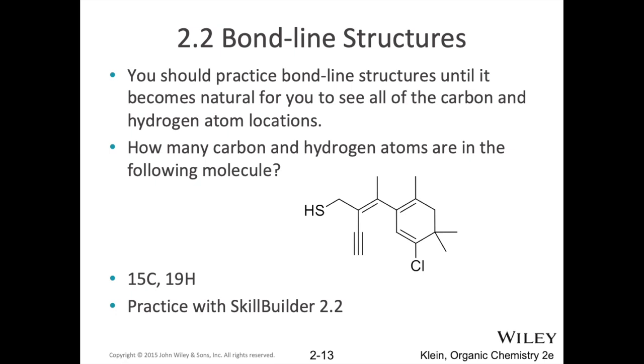So you should have 15 carbons and 19 hydrogens. If you're having trouble seeing that, I'm going to count out the carbons accordingly. Please note here that we have a sulfur and a chlorine present. Obviously those aren't carbons or hydrogens. Everywhere where we've got lines that aren't marked with elements, those are going to be carbons.